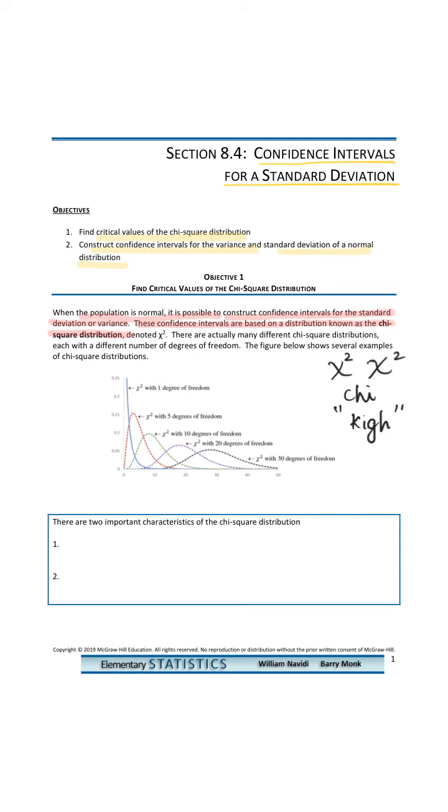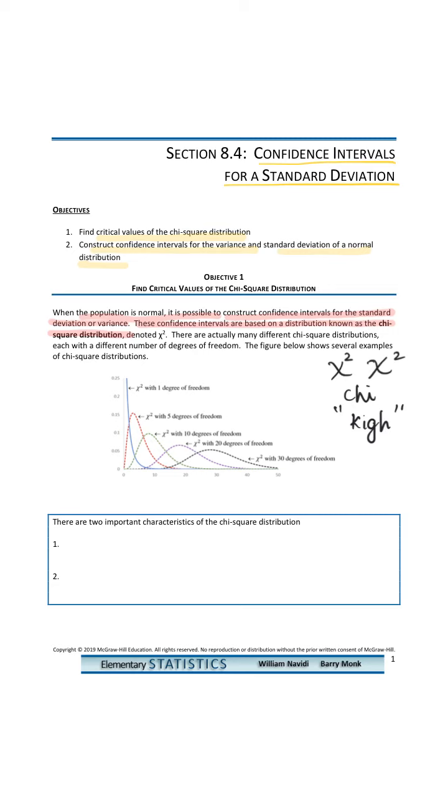There are actually many different chi-square distributions, each with a different number of degrees of freedom. The diagram represents the chi-square distribution for several different degrees of freedom. There are two important characteristics of the chi-square distribution. First, chi-square distributions are not symmetric.